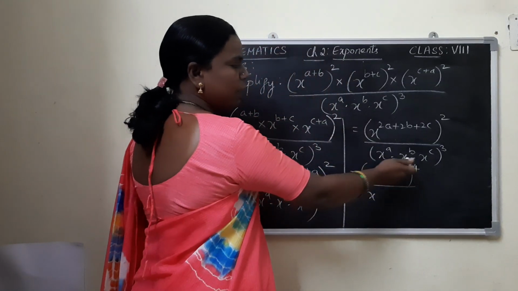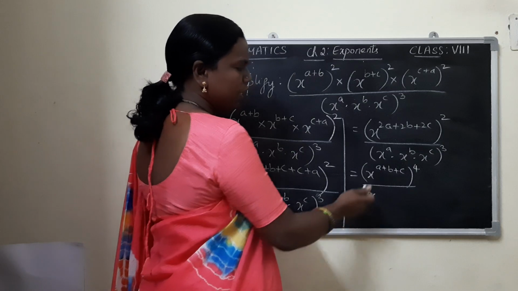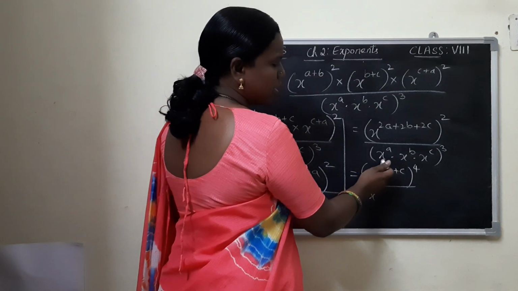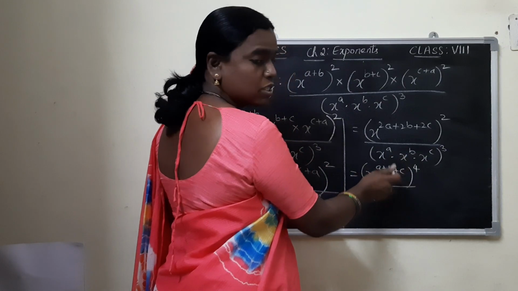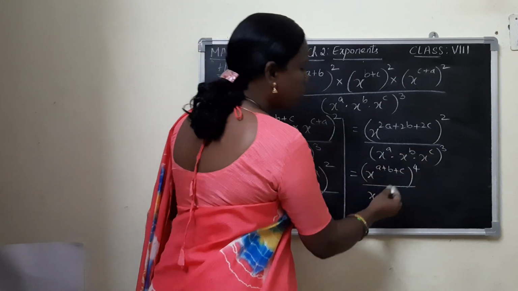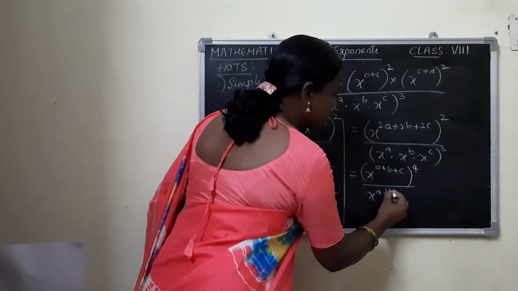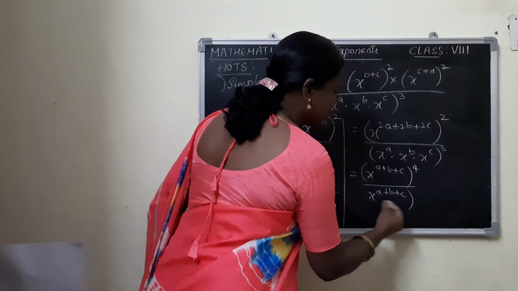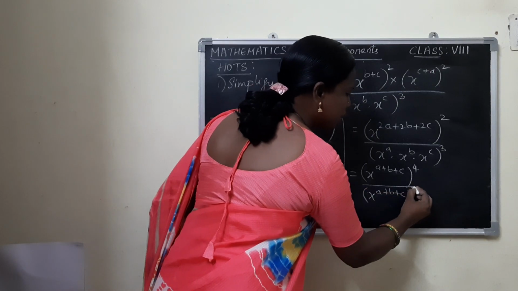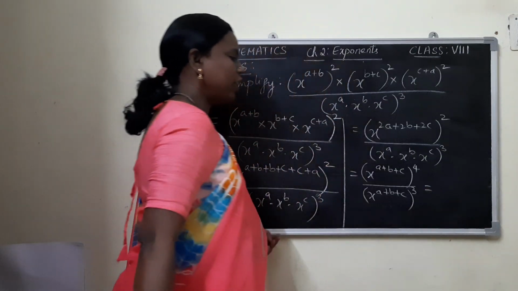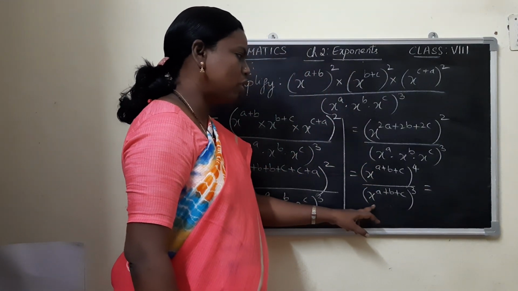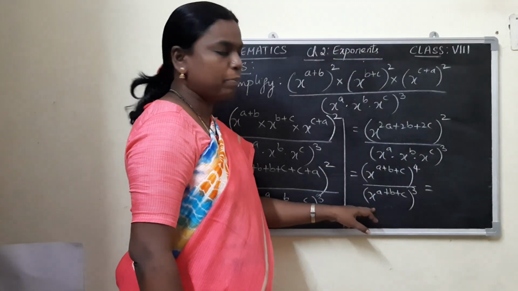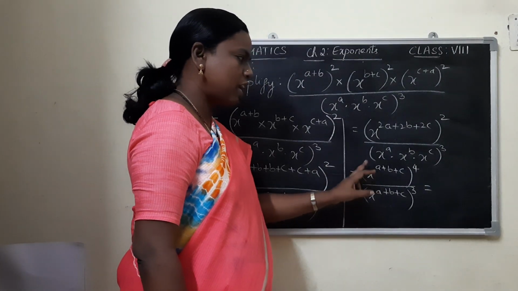Now here let me apply the law. In the denominator, the bases are the same and it is multiplication. This dot means multiplication. So I can add all the powers, a plus b plus c whole to the power of 3. Now very clearly it is observed that the numerator and denominator have the same base.